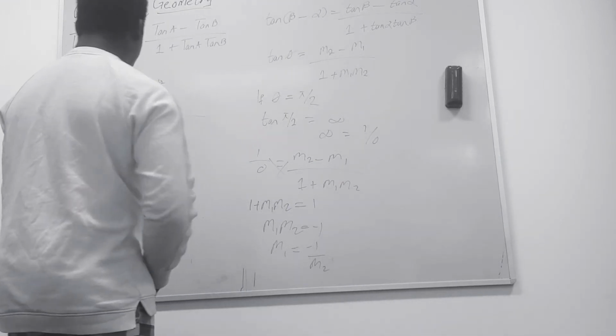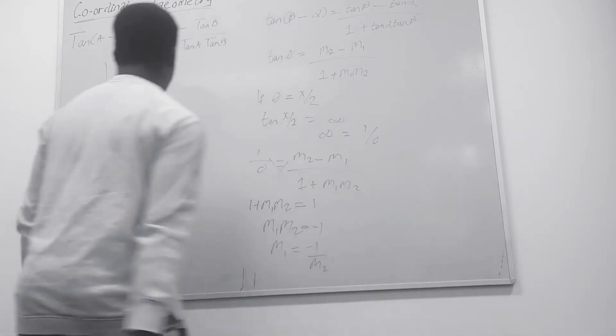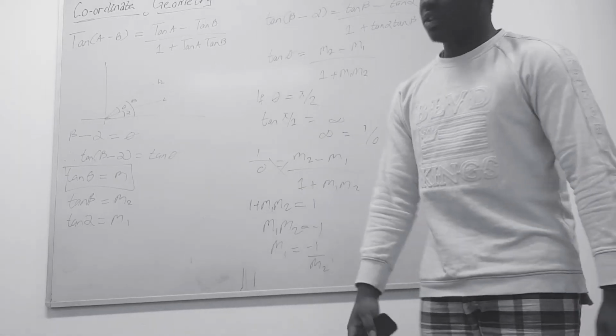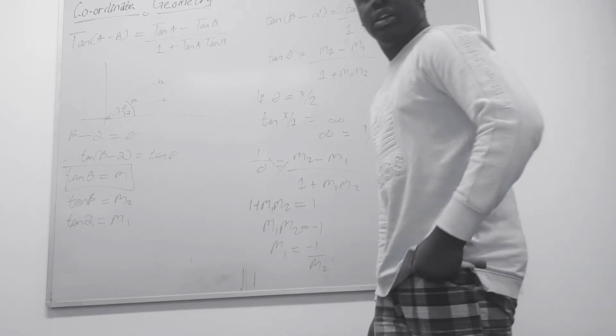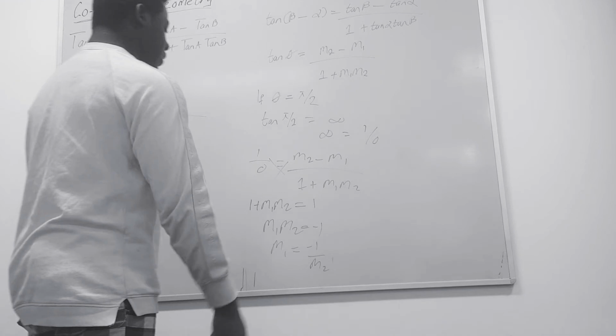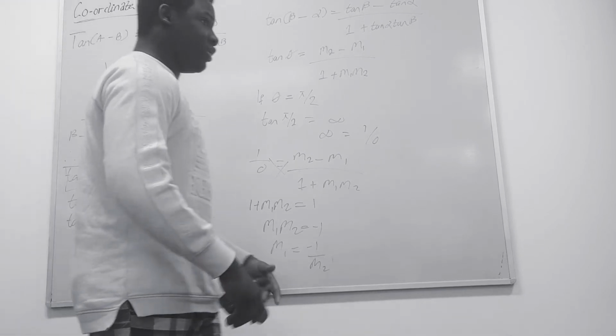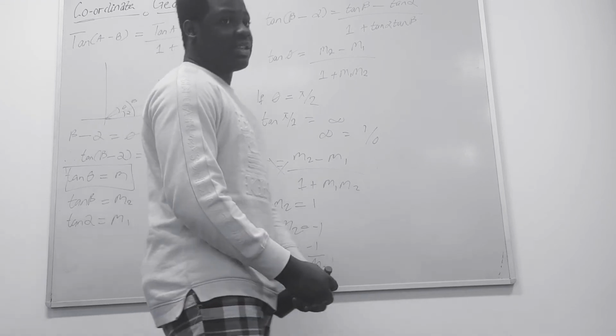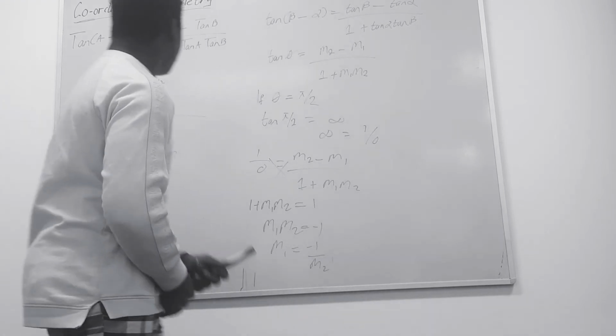And then we can also do some proofs for parallelism of lines. So I've shown perpendicularity of two lines. If the angle between two lines is 90 degrees, or more preferably, we normally use pi over 2, then the slope of one line will be the negative inverse of the other one.